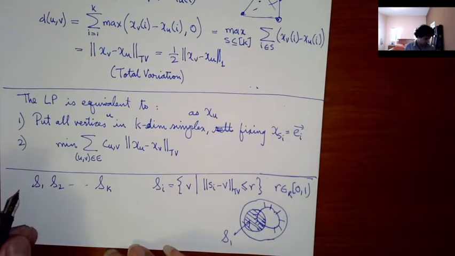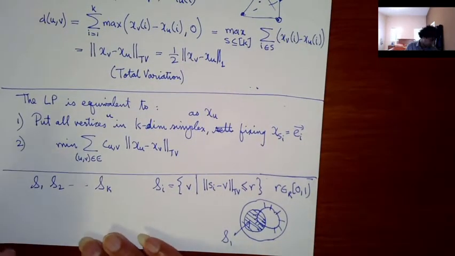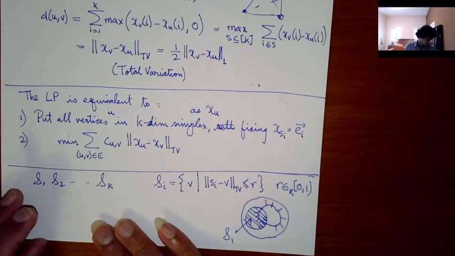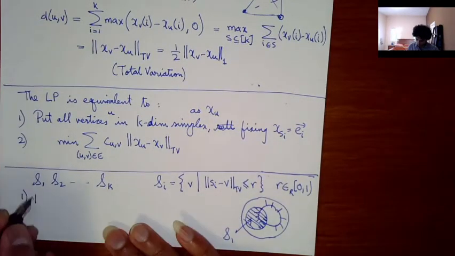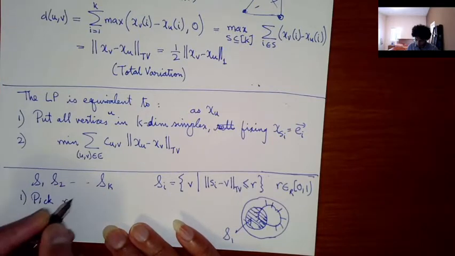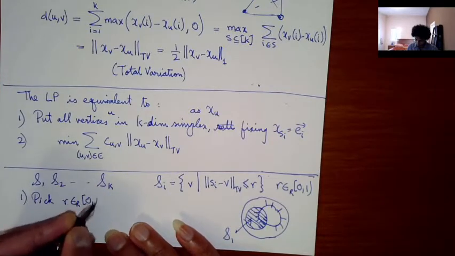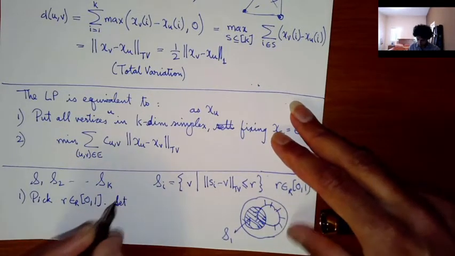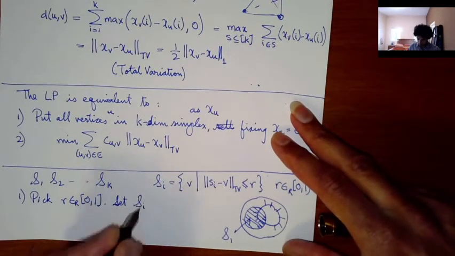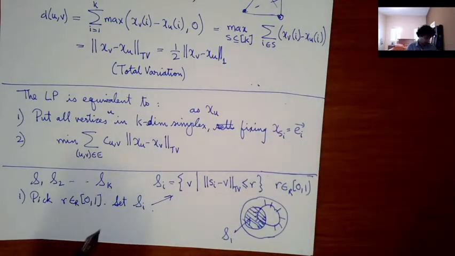So we'll just say, we will pick R uniformly at random from 0, 1, set the S_i's as follows, but we're not going to cut these edges yet.